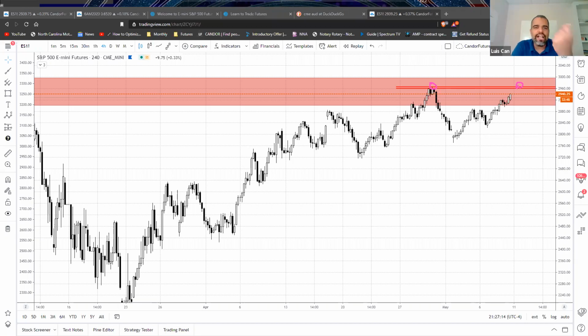Because markets are fractal by nature, and we're going to learn about fractals later, which the thesis of fractal really explains that the markets move through the path of least resistance.